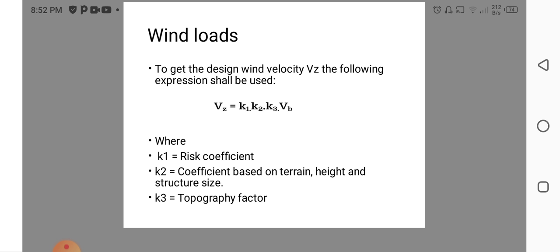Vz equals K1, K2, K3, Vb. K1 is the risk coefficient. K2 is the terrain coefficient, or size of structure or height. K3 depends upon the topography factor, and Vb is the basic wind speed.